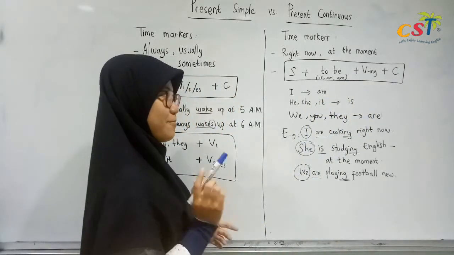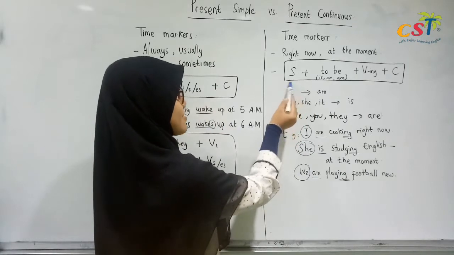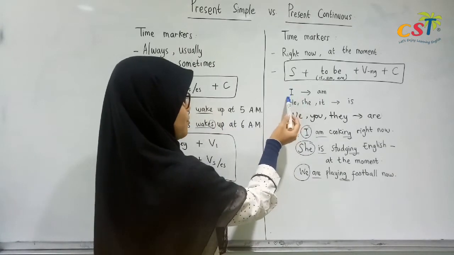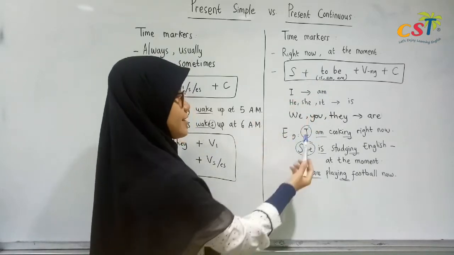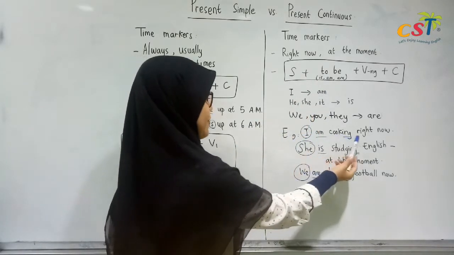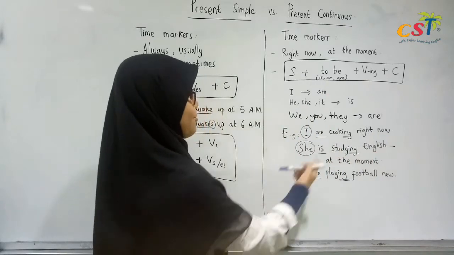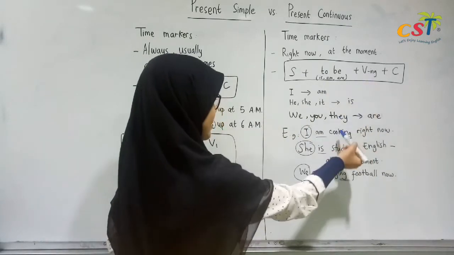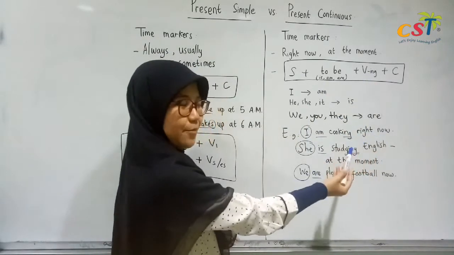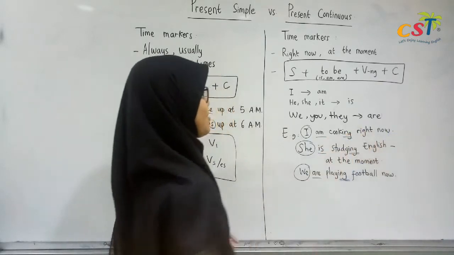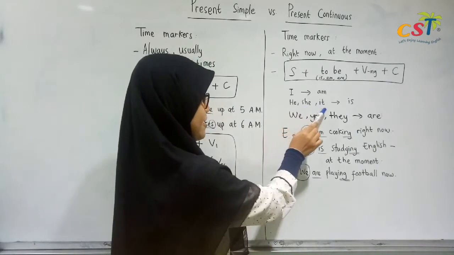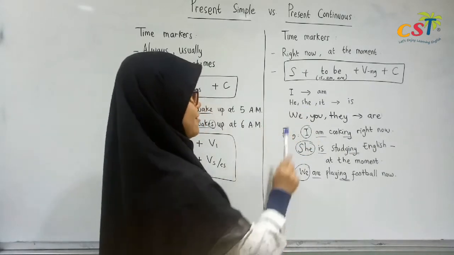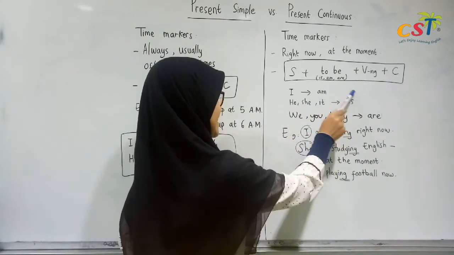Okay, I'd like to remind you, Shan, if the subject is I, it's supposed to be followed by am. For example, I am cooking right now. So remember, you use verb ing, and there will be a time marker right now. Okay, how about the subject he, she, it? Yes, it is followed by is.